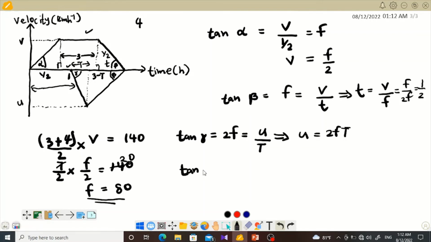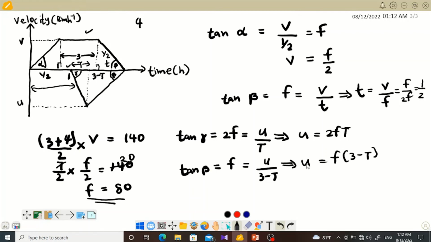Tan beta shows us the retardation. Then for retardation, we know that f equals, we can write the tan value using the triangle, which equals u divided by 3 minus T. This gives us the value for u as f into 3 minus T.